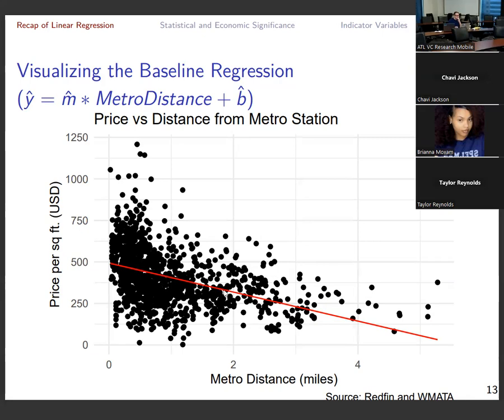So if I look at this line, which is the regression line, that's showing you what the average price per square foot is relative to the metro distance. Where is it getting the best fit? Really right in around here, because the distance between the line and the dots are pretty close.